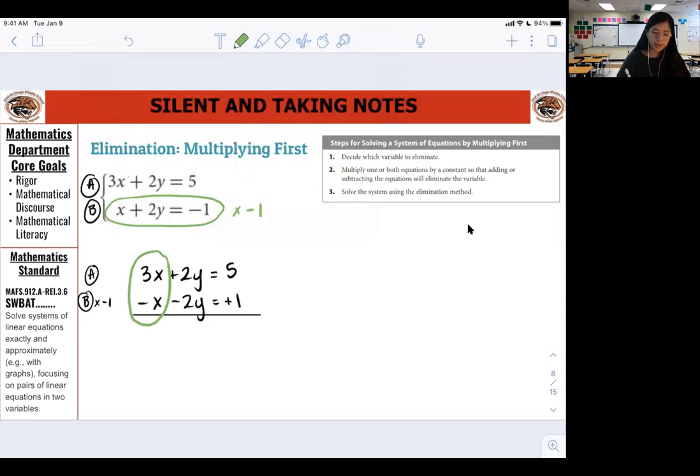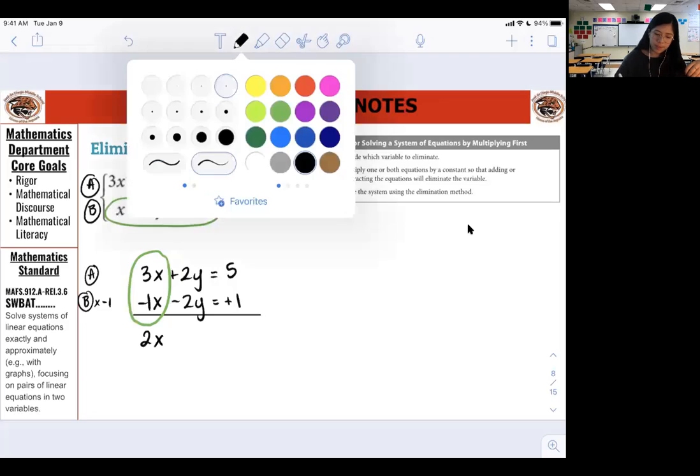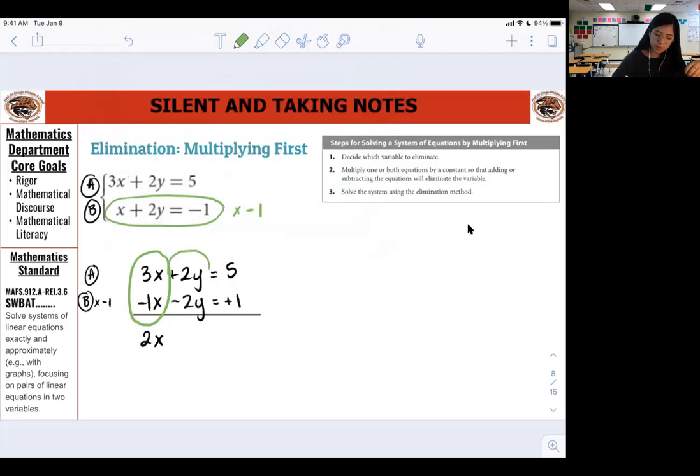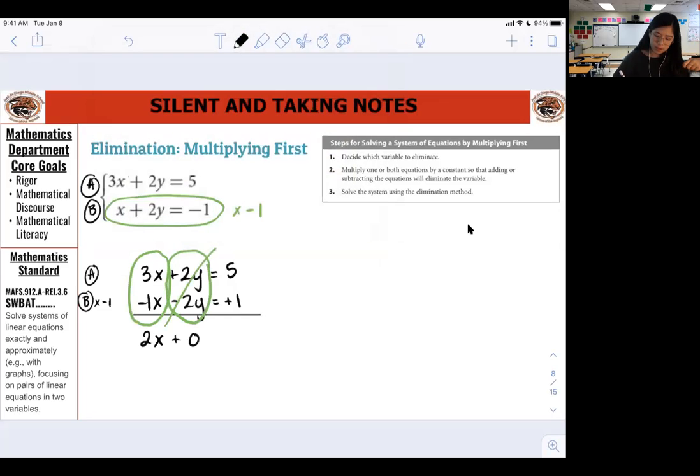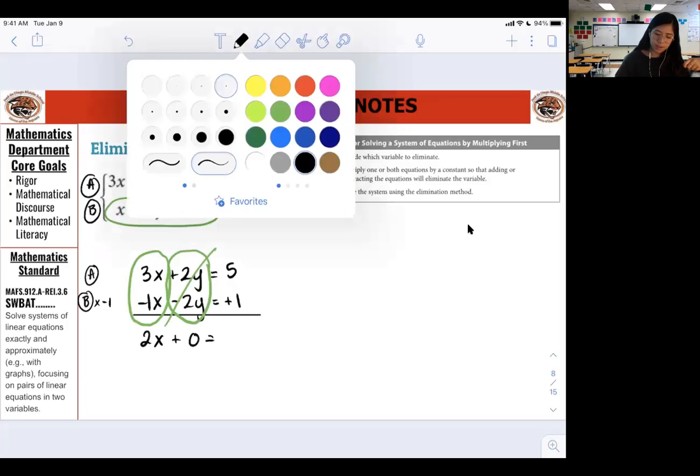So I'm doing 3 minus 1x. What do I get? 2x. Good. What happens to my y's? They cancel out. So that's 0.